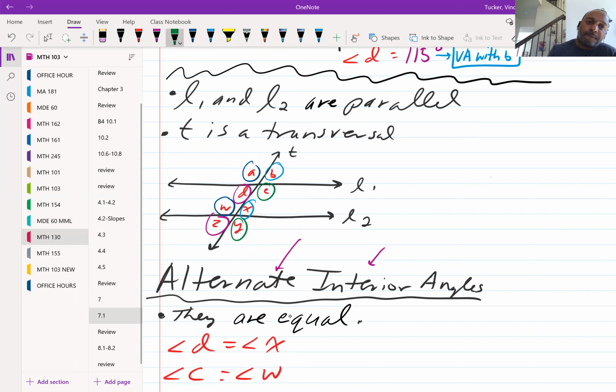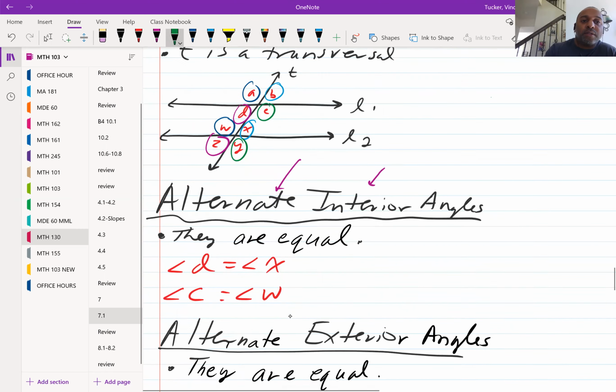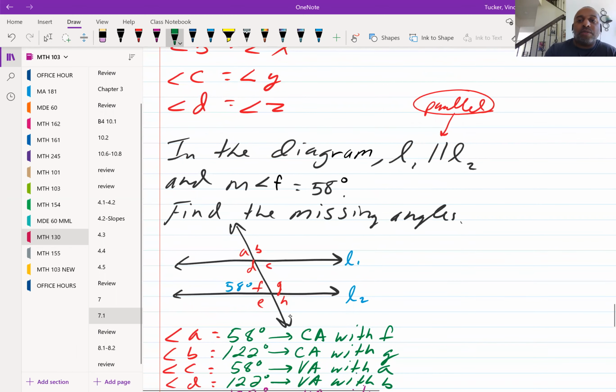Okay, so this is here. All right. We good? Okay, so let's try it out. In the diagram, it says L1 is parallel to L2. That's what this symbolism means right here, L1 is parallel to L2. And they give you the measure of one of your angles.